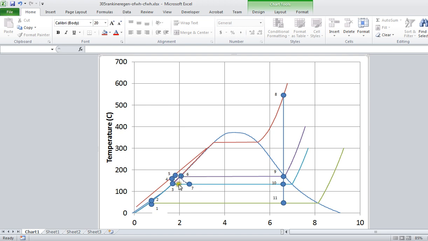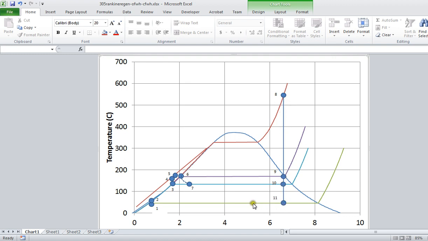I think they don't quite line up there, but it's the best I could do on the chart. So with temperature 5 equals temperature 6, then we have heating in the boiler. 5 to 8 is the boiler process, and then the isentropic expansion 8, 9, 10, 11.